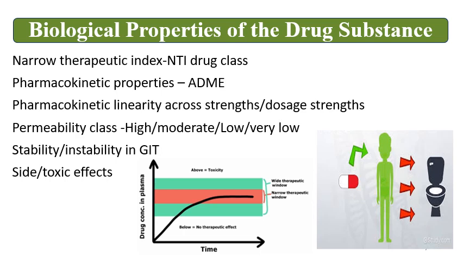And if the API is sensitive to acid, then mainly acid resistant or gastro resistant or enteric type of formulations are made. Then side and toxic effects are required to be understood and listed for each of the API.